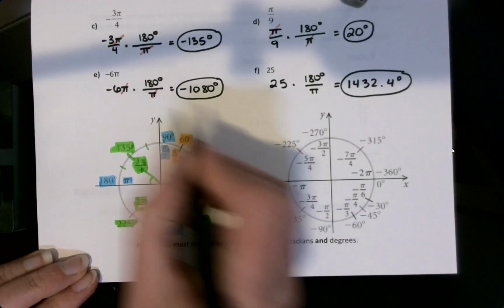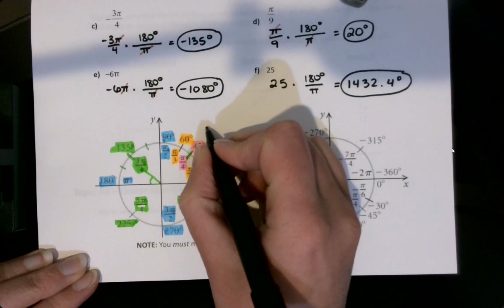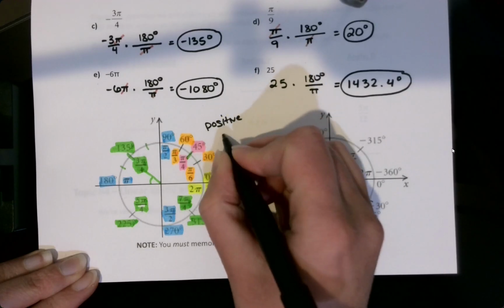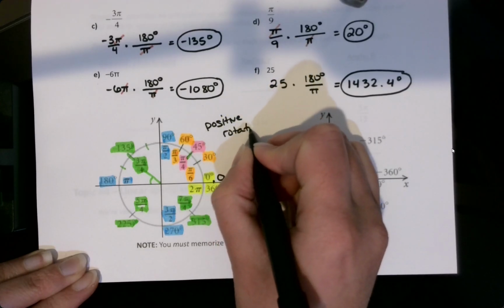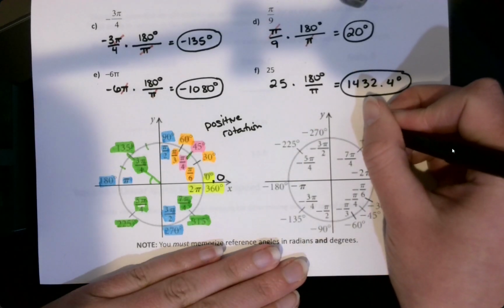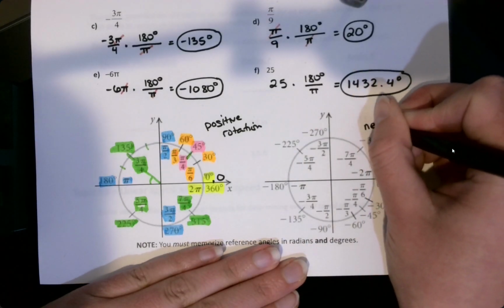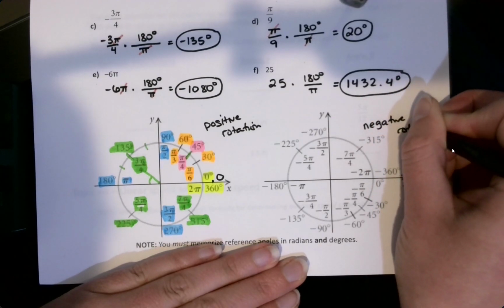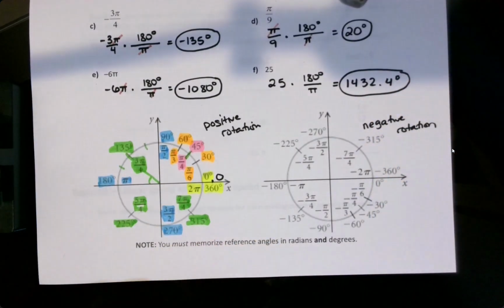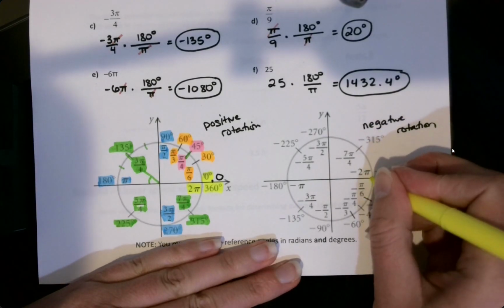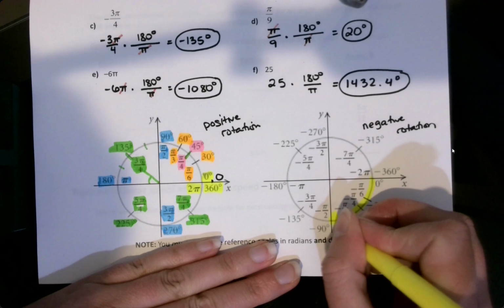The angles in this diagram are all in their positive rotation. And then the angles over here are all similar, but in the negative rotation. So as you can see, this information shows the same thing, but we've now labeled the angles going in the opposite direction.